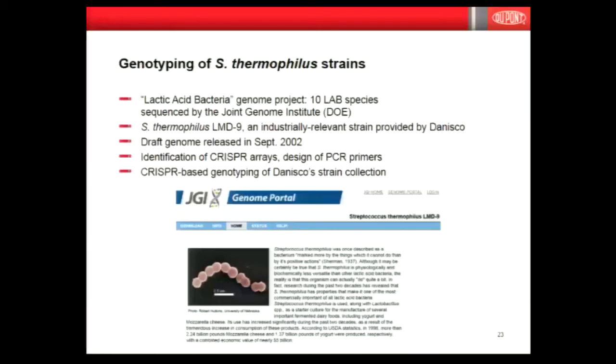The Streptococcus thermophilus strain sequenced there was a Danisco strain, a Rhodia Food strain named LMD-9, and at the end of 2002 we got access to this draft genome so that we could easily identify CRISPR sequences, design PCR primers, and start to genotype strains from our collection.